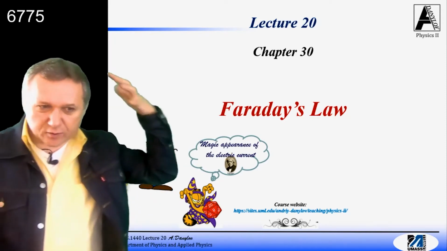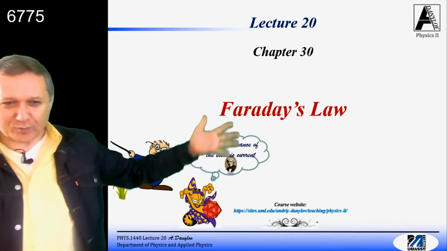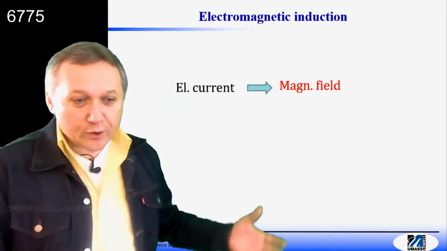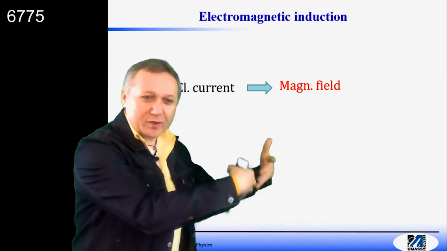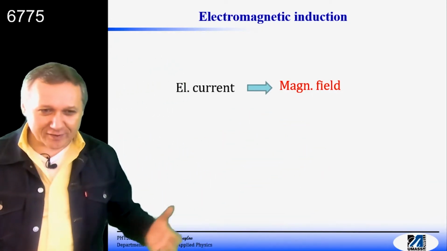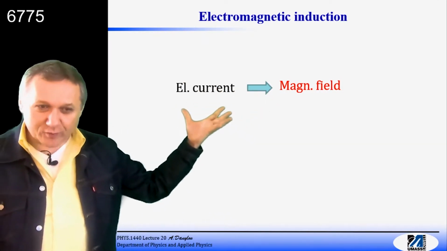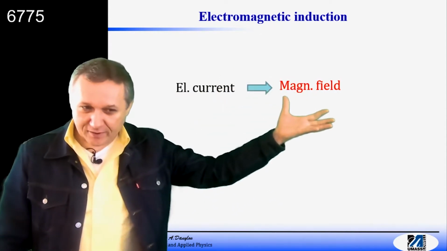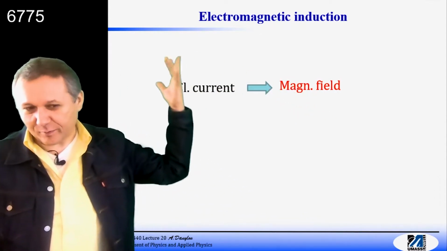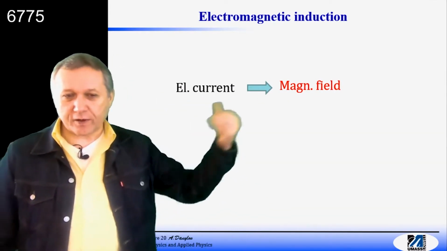But first, let's introduce it from a philosophical point of view. You remember? Okay, now I am starting to present Faraday's law. You remember, right? In the recent past, we saw that any wire with a current produces a magnetic field, right? We know the expressions, because Ampere's law can be used to find that magnetic field.